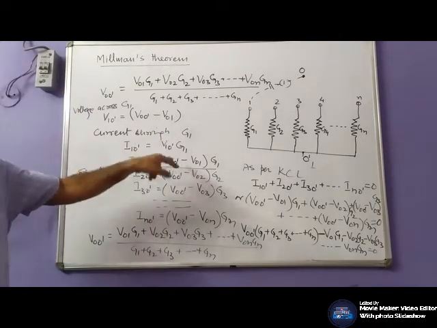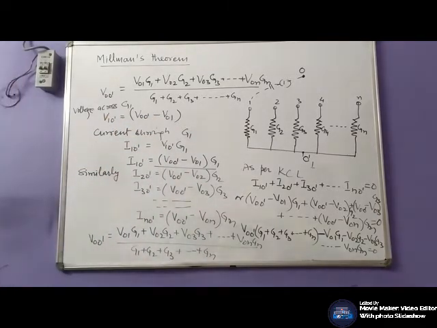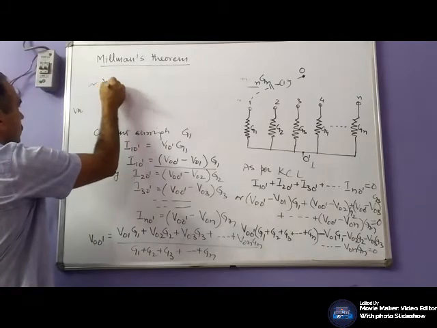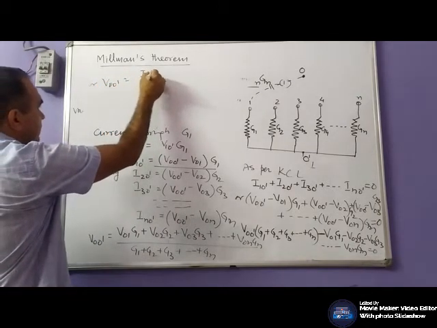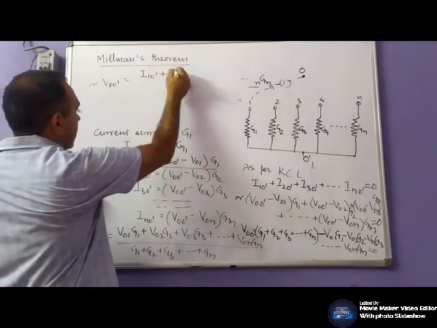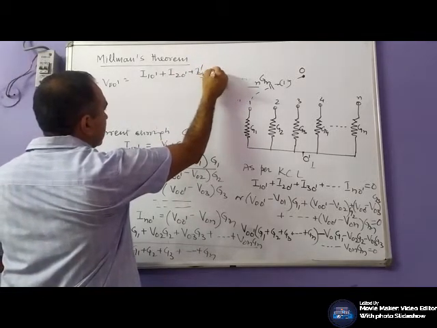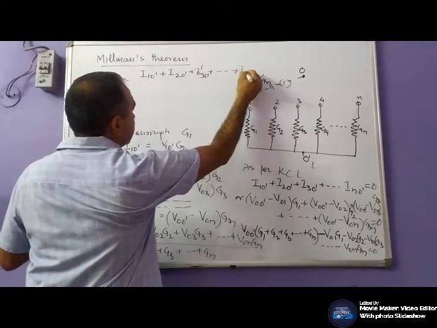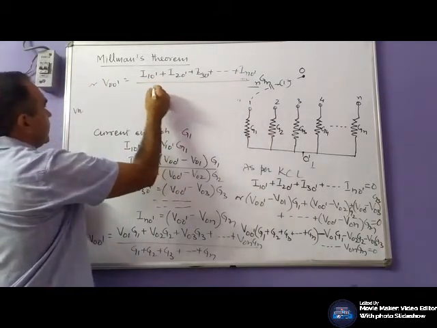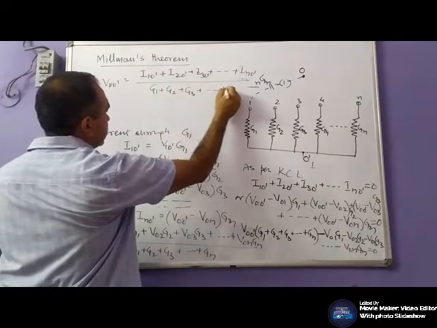Likewise, V00 dash is I10 dash plus I20 dash plus so on I30 dash plus so on In divided by G1 plus G2 plus G3 plus Gn.